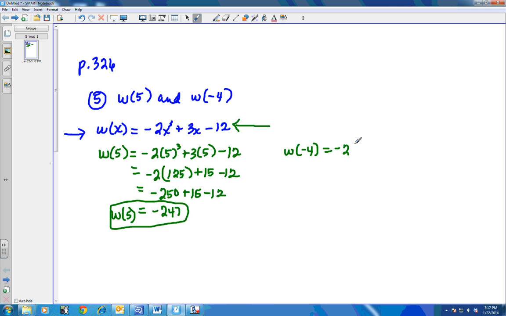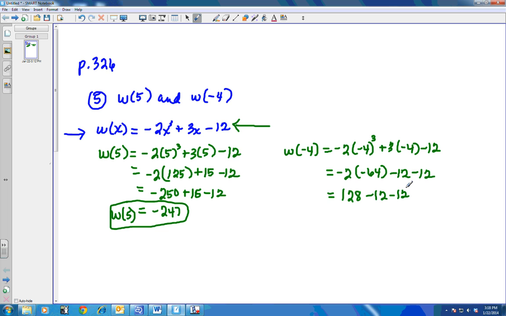So -2 times -4 to the third power plus 3 times -4 minus 12. -4 times -4 times -4 is -64. 3 times -4 is minus 12, and then I have my minus 12. 64 times 2, I have a negative times negative, so that's positive 128, minus 12, minus 12.